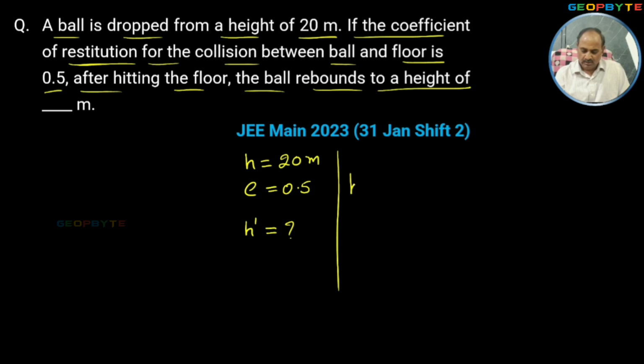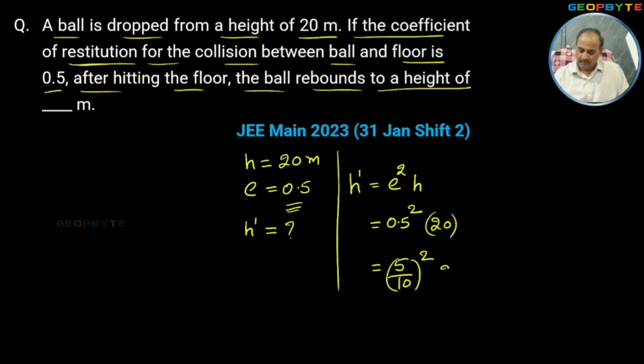As you know, the rebounding height h dash equals the coefficient of restitution squared multiplied by the initial height of the ball. Coefficient of restitution is given as 0.5, squared, into h value 20. 0.5 I can write as 5 by 10. 5 by 10 whole square into 20.